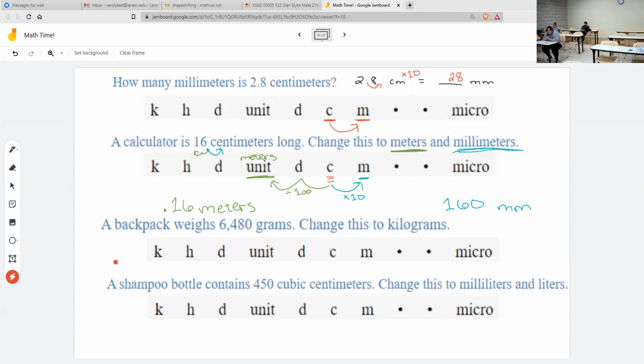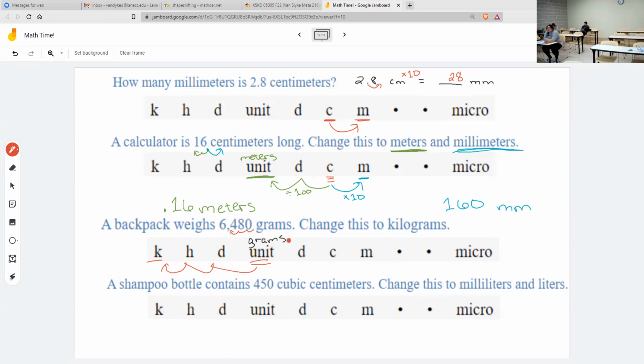Okay, the backpack. A backpack weighs 6,480 grams. Where are we on this list? Which is grams? The unit. The plain unit. Very good. That's the hardest part of all of this. If we want to go to kilograms, we're starting here, and we want to go to kilo. 3 to the left. So 1, 2, 3.